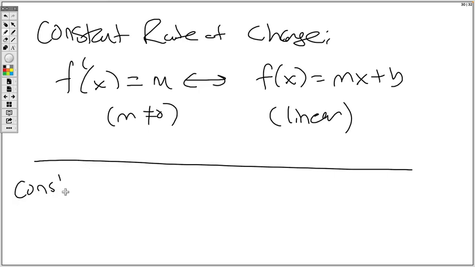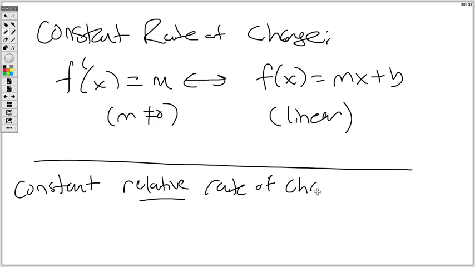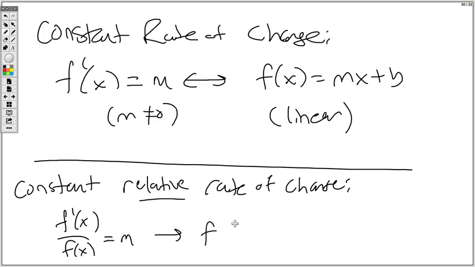A constant relative rate of change, f prime of x over f of x, is a constant. That's going to give you one of these exponential functions.